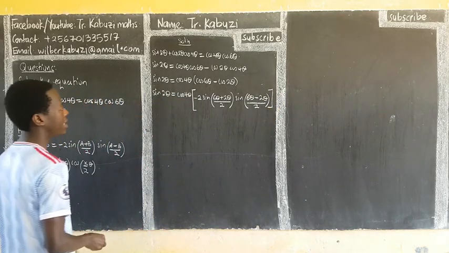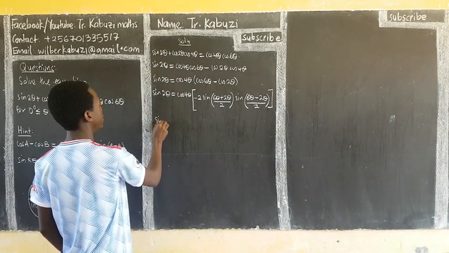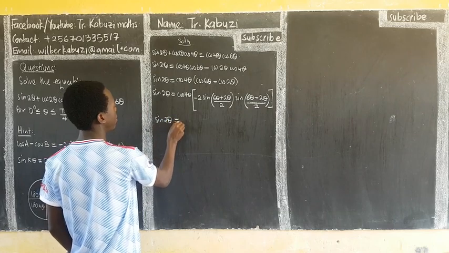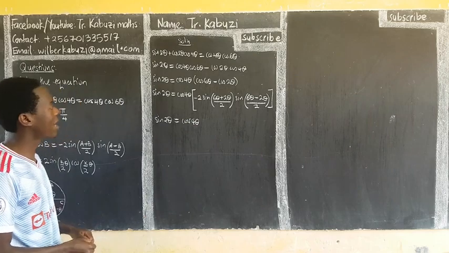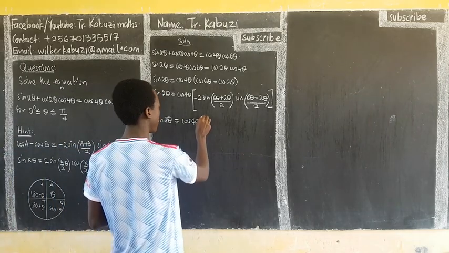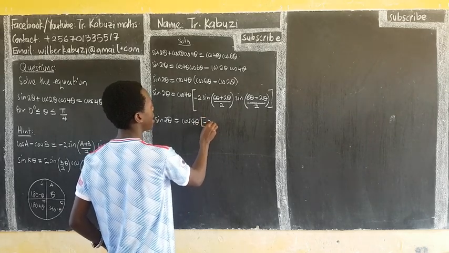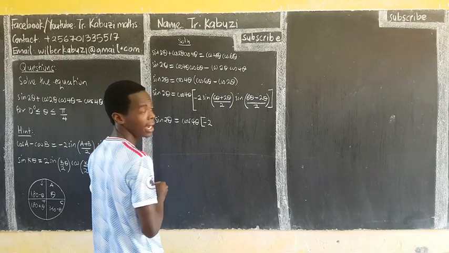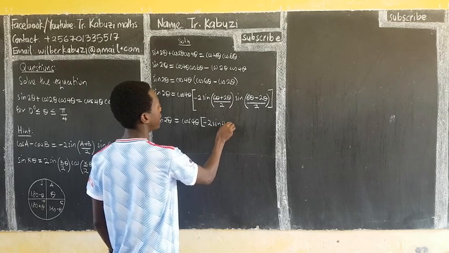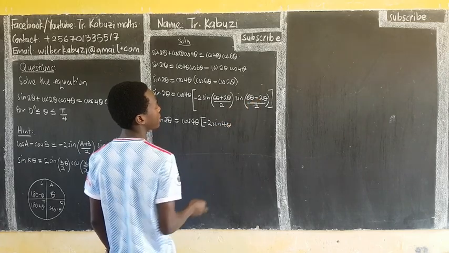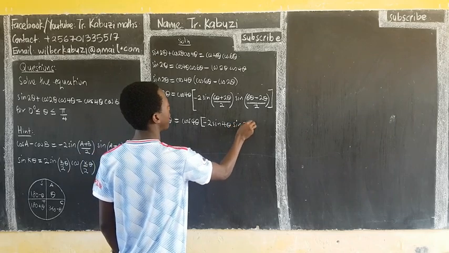So let us see what happens if we simplify. This gives sine 2 theta equaling 2 cos 4 theta. You can reduce the steps, but for the purposes of explanation, let me include all my steps, minus 2. This gives 8 divided by 2, so we have sine 4 theta. 6 minus 2 is 4, divided by 2, so we have sine 2 theta.